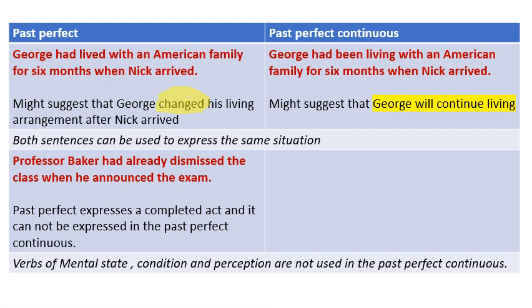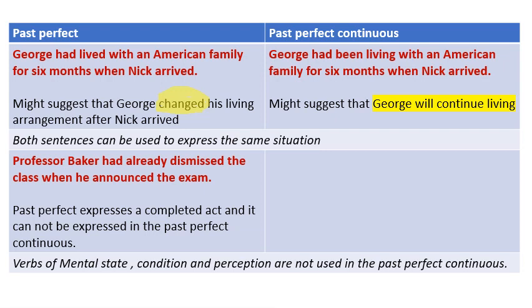Therefore, there is a possibility that George might continue living with the American family. And by the way, here there is a note saying that both sentences can be used to express the same situation. يعني both of them might indicate the continuation or the end of the event.